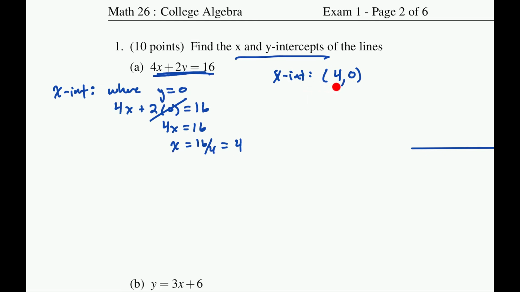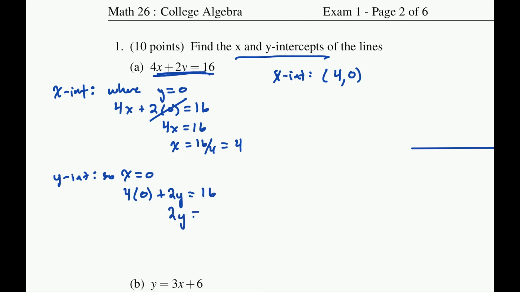Now to get the y-intercept, you do exactly the same thing, but for the y-intercept, you want x to be 0. So x equals 0. You go back to the original equation and plug in x equals 0. So 4 times 0, plus 2y equals 16.